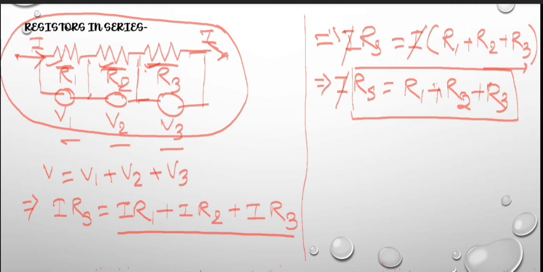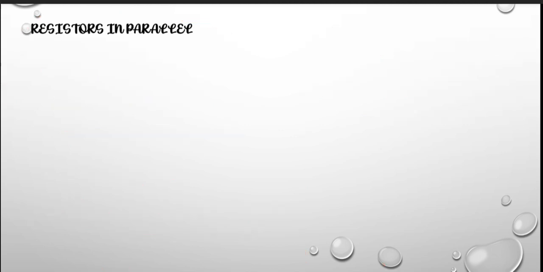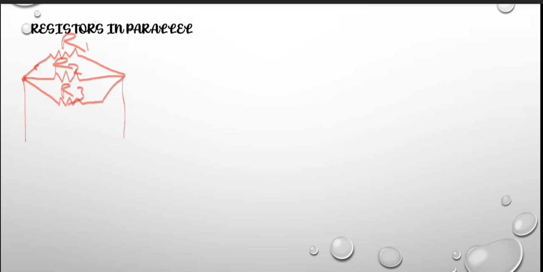Now let's move to the other part, that is resistors connected in parallel. Students, let us consider we have resistors connected like this. Now students, all these three resistors, let us consider R1, R2, R3, are connected from one end only. And because the end points of all the three resistors are the same, the potential difference, let us consider, is V for all.